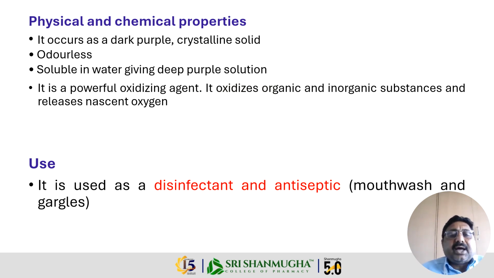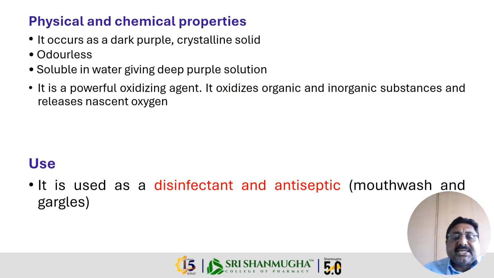It is a powerful oxidizing agent. Everybody knows it oxidizes organic and inorganic substances and releases nascent oxygen. Hydrogen peroxide has both oxidizing and reducing property, but KMnO4 is an oxidizing agent with powerful oxidizing property.